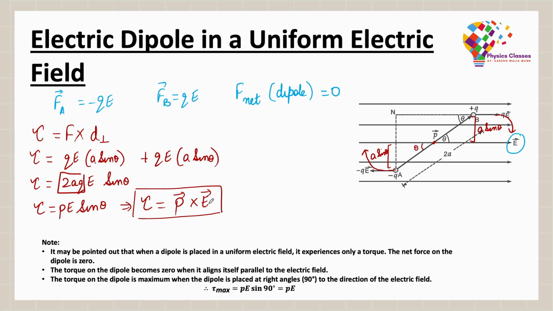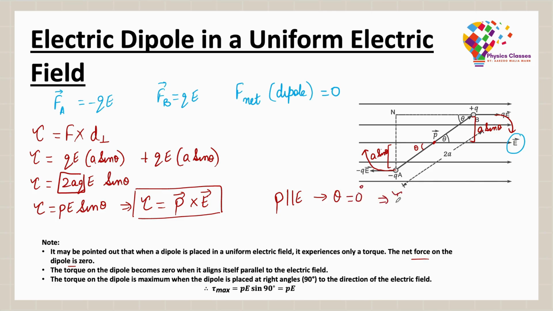For example, if you look carefully, as I told you earlier, the net force on the dipole is 0. Secondly, the torque on the dipole becomes 0 if the dipole moment and the electric field become parallel to each other, that means theta would be 0 degrees, and then my torque is 0.